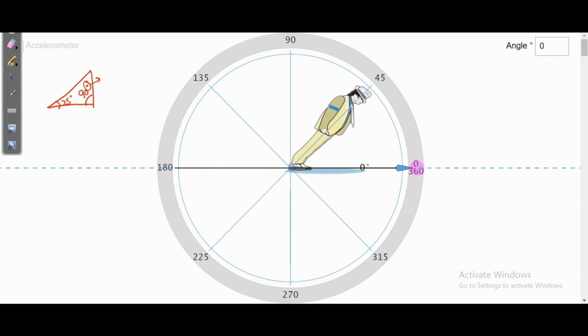So here we have the 0, and then we will take steps. If we take 360 steps on the circle, then after taking 360 steps, we again reach the original position.